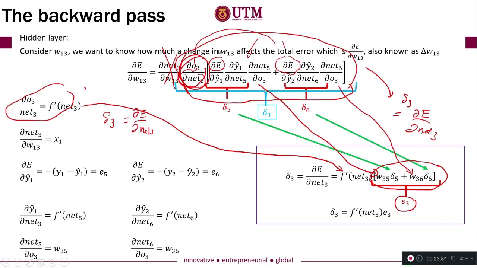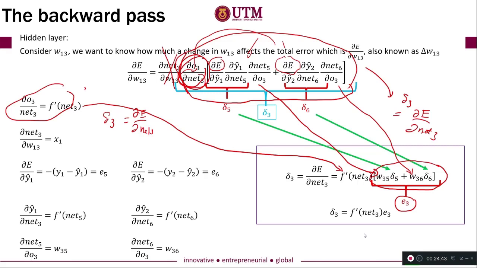The one that you have not defined yet is this one, which you already expressed in this way, so you replace this one with this component over here. I define another thing, which is what we call the local error at node 3, which is E3. If I define E3 as this component, now my delta 3 is equal to F apostrophe net 3 multiplied with E3.